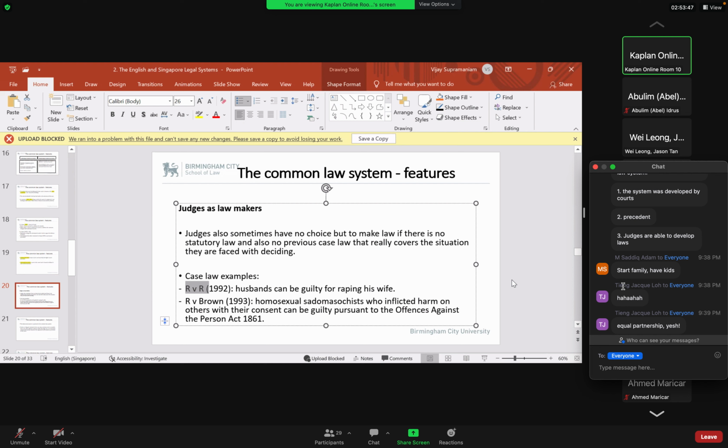In Brown, it's a case involving a group of homosexuals who had engaged in sexual violence, which means they gained sexual gratification through violence. This event took place between consenting adults; all of them agreed to this act, and none of them were forced.